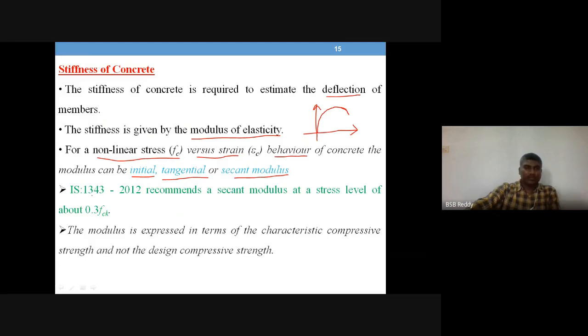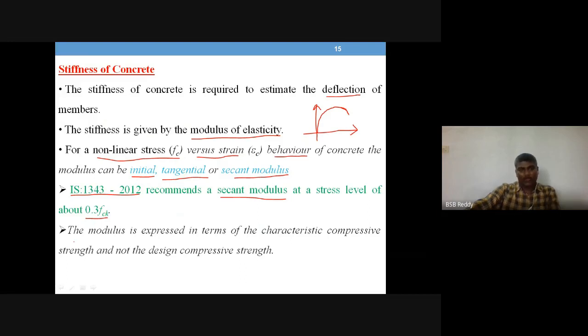So what you can see here is the code IS 1343-2012 recommends a secant modulus at what level? At a stress level of 0.3 times FCK, roughly one third of the value of FCK.